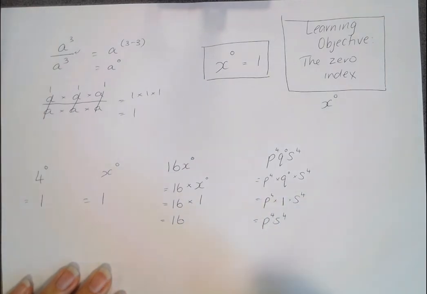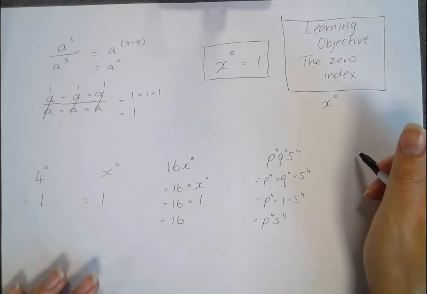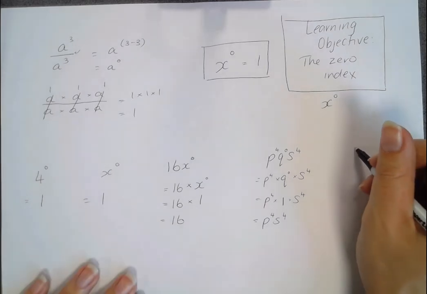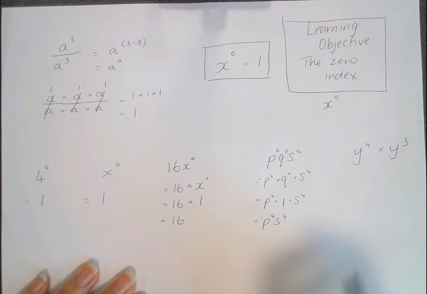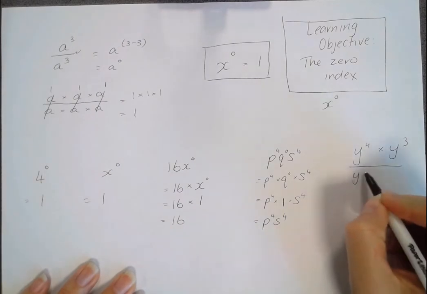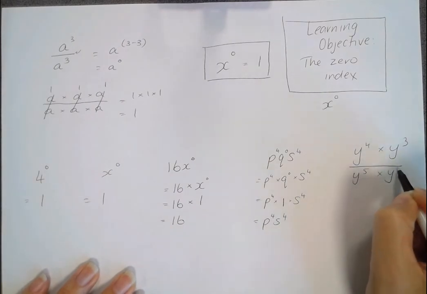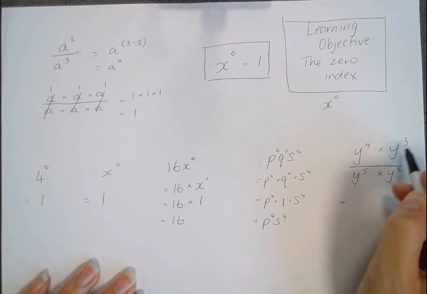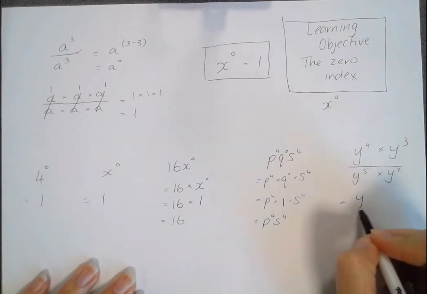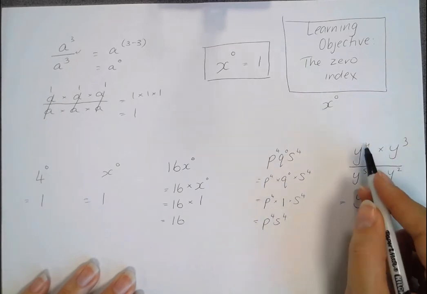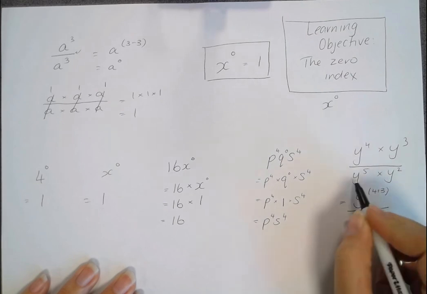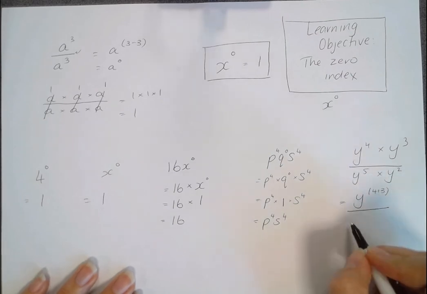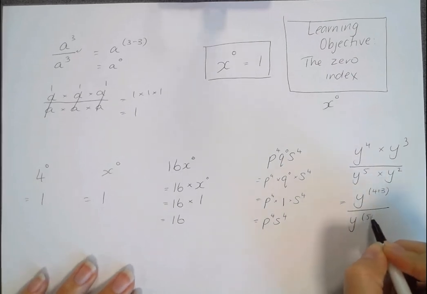Alright, and our very last example, I'm just going to do one for you. All the same rules apply. So y to the power of 4 times y to the power of 3 divided by y to the power of 5 times y to the power of 2. If we do our top line here, we know that with a multiply sign, we add our indices, so 4 plus 3, divided by our bottom line of our fraction here, which is y to the power of 5 plus 2.